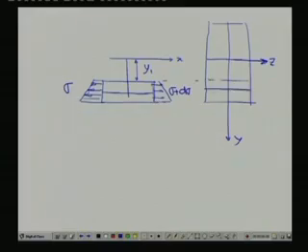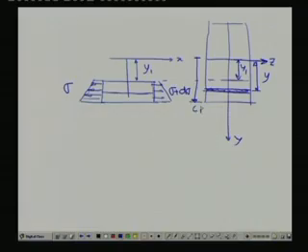At any location we take a small elemental area at a distance y, this line is at a distance y1, and let us consider the extreme fiber to be C1.